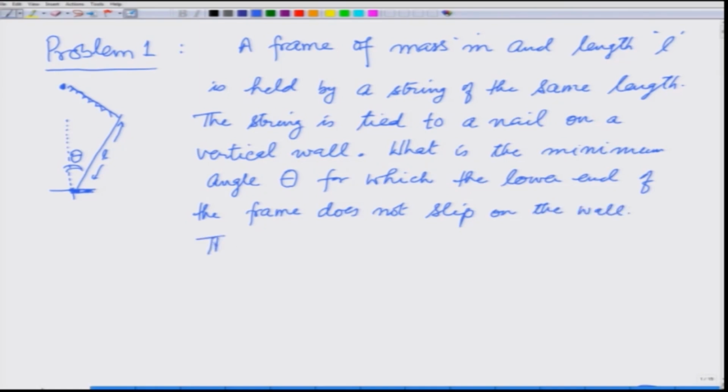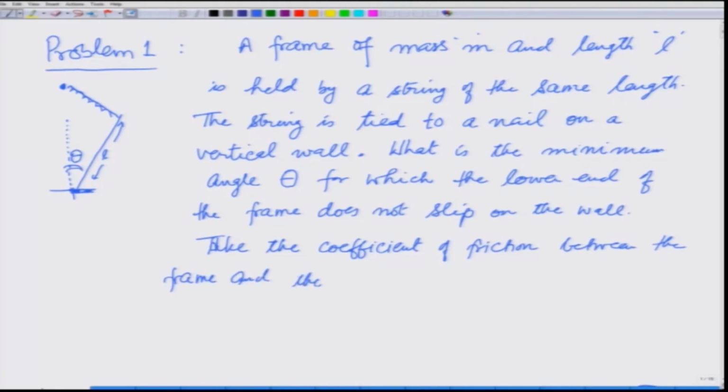Take the coefficient of friction between the frame and the wall to be mu. This problem is taken from my book.